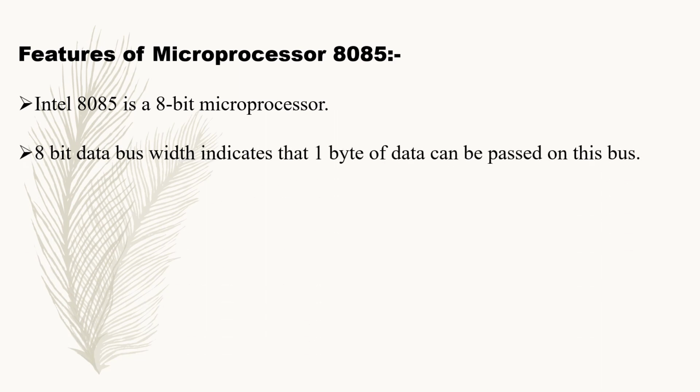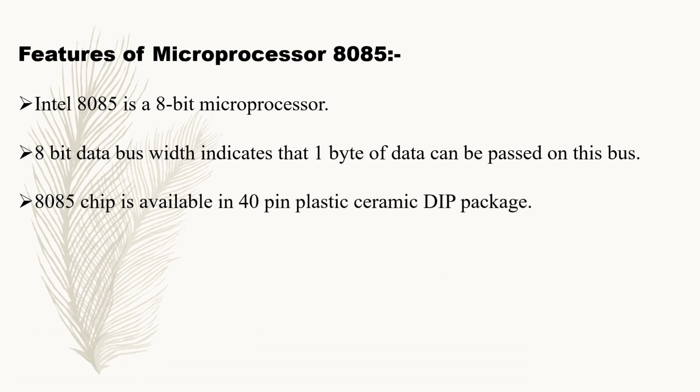Now let us lastly discuss the features of the 8085 microprocessor. Here we are going to explain these features connecting all the concepts that we have learned earlier. Intel 8085 is an 8-bit microprocessor. It has an 8-bit data bus width, which indicates 1 byte of data can be passed on this bus, which is nothing but the word length of 8 bits. The 8085 chip is available in a 40-pin plastic ceramic DIP package, that is dual inline package.